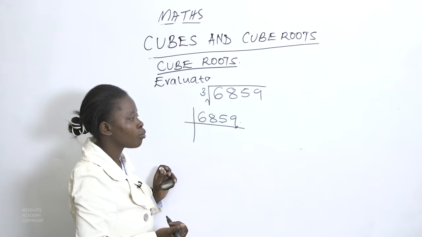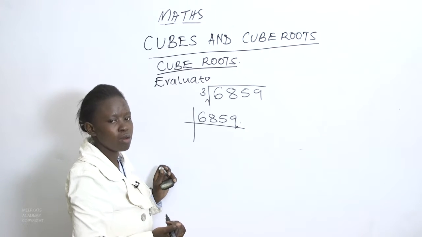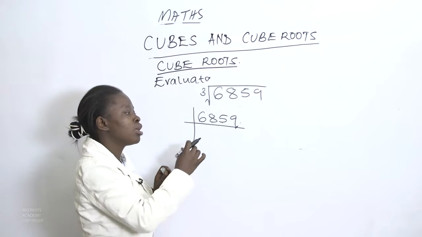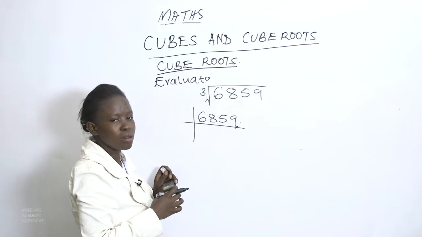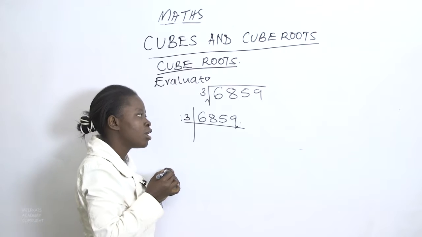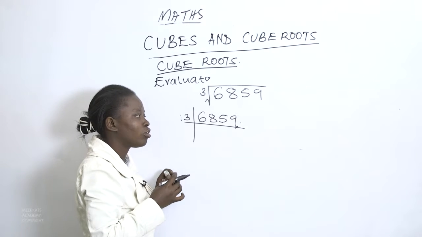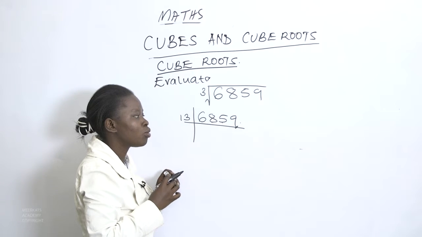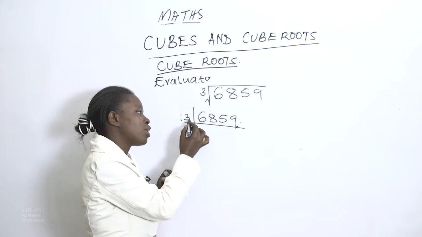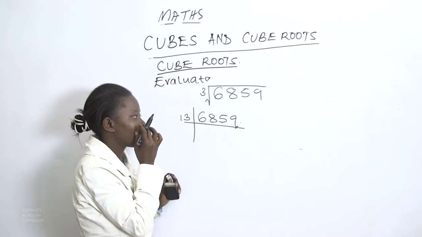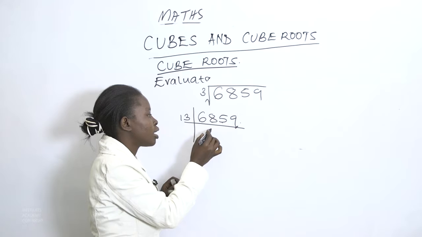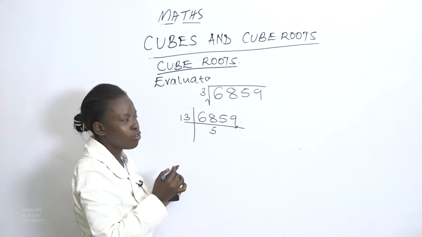The rest, I'm supposed to use the division algorithm to find out if the number is a multiple, can divide the given number. So the next prime number I have is 13. We are finding out if 13 is able to divide 6,859. 13 into 68, we are having 5 times because of 65.